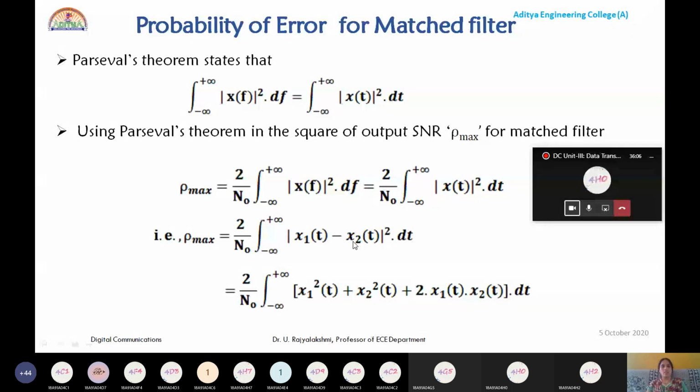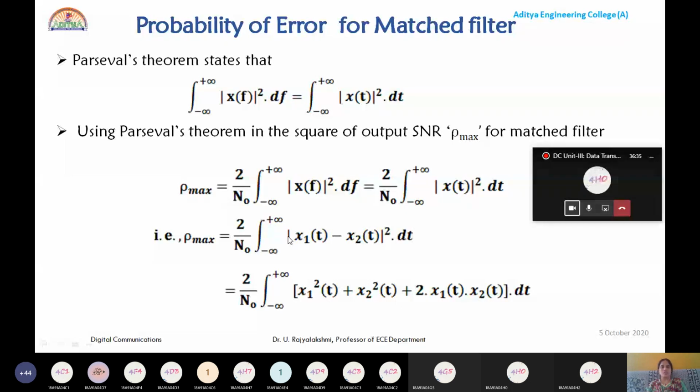So x1(t) minus x2(t), because x2(t) will be equal to minus x1(t) in general. So this is in the form of (a minus b) whole square. I split the corresponding expression as a square plus b square, and the cross term.